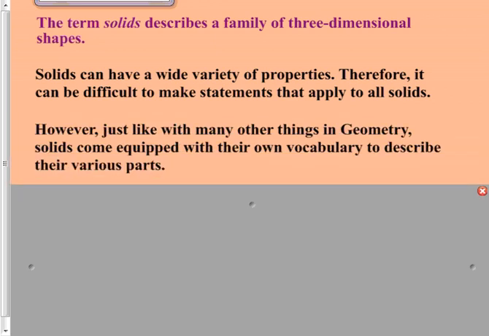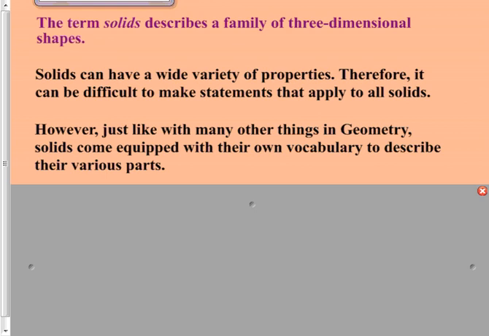Okay, now just like with many other things in geometry, solids are going to come equipped with their own vocabulary to describe their various parts. Once again, it's going to be critical, just like it has been all year long, to develop a good vocabulary to go along with the information that we're looking at.